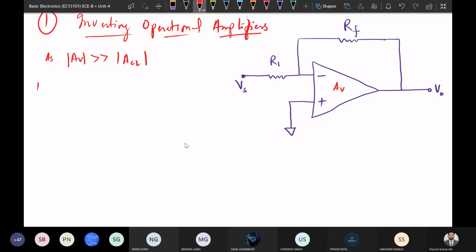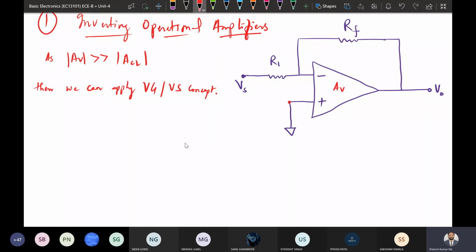Then from the above concept we can apply the virtual ground or virtual short concept.